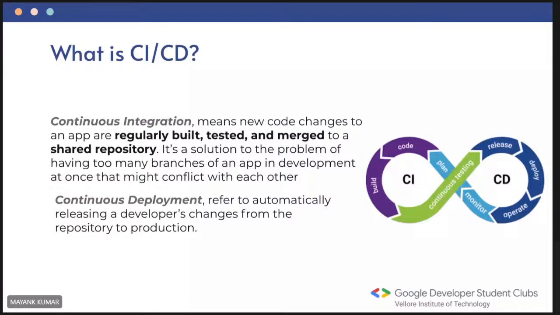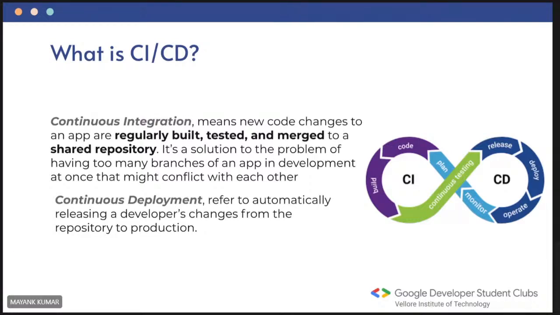So when we talk about CI and CD, CI means continuous integration, and you can understand the concept of integration by imagining a scenario. Suppose you're working in teams, and in your team you have decided that this is your application, and each member of your team is going to be working on some particular features, and at the end you are going to put together all of these features, and test if everything is working perfectly or not.